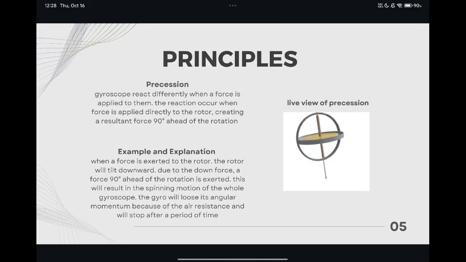Because of the downward force, the force is transferred 90 degrees ahead of the rotation, thus making the downward force form 90 degrees ahead of the rotation. This continuous and simultaneous motion will result in the spinning motion of the whole gyroscope. The gyroscope will come to a stop due to the air resistance.